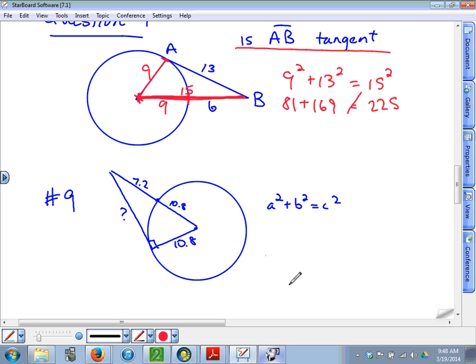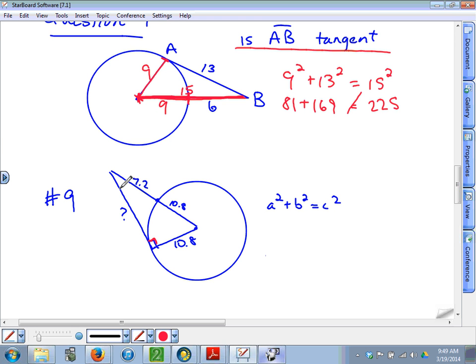Now it says, the last part of the directions, if a line appears to be tangent, then it is. So if you look at number 9, doesn't this line right here look like it's tangent? Yeah. So then according to the directions, we can assume that that's a right angle. We don't have to prove it. So now all we need to figure out is, what's that side of a right triangle?